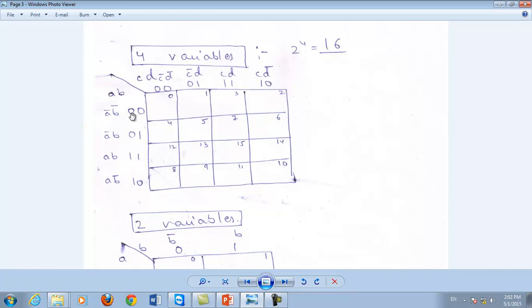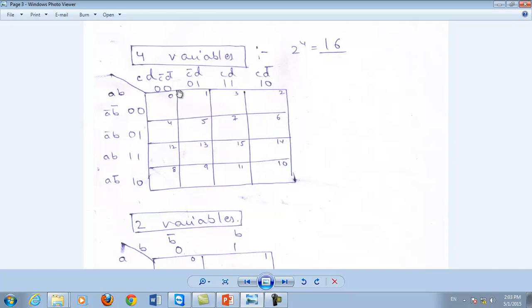But the combination here will be 0 0, that is the first row for A complement B complement, the second row for A complement B, the third row for AB, and the fourth row for A B complement, that is 0 0, 0 1, 1 1 and 1 0. Similarly, for columns, the first column will be C bar D bar, that is C complement and D complement, the second one for C complement D, the third for CD, that is 1 1, and the fourth for 1 0, that is C D complement.